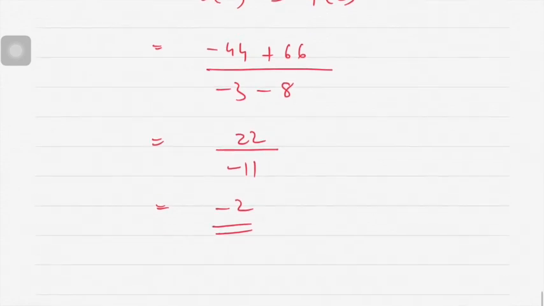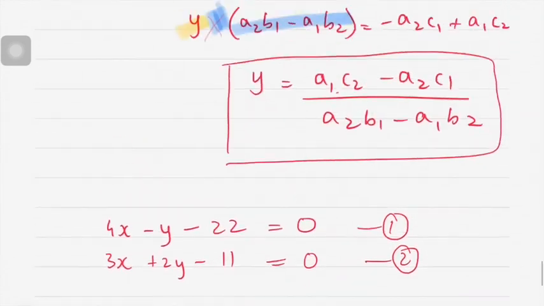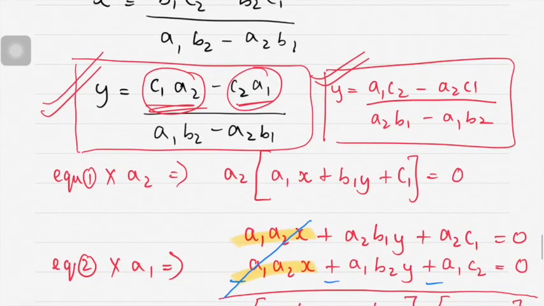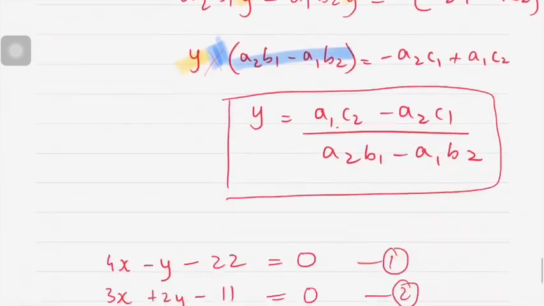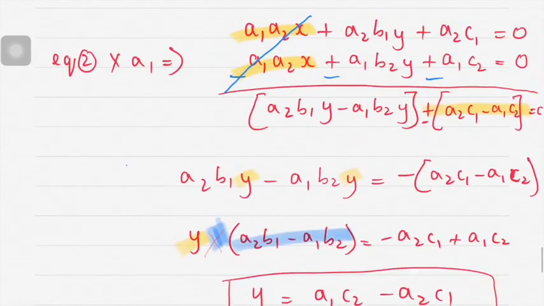So which makes it minus 2. So minus 2 is the answer, right? We will use that first formula and then we will solve. Y is equal to, we'll use this formula. This formula we'll use and then solve.